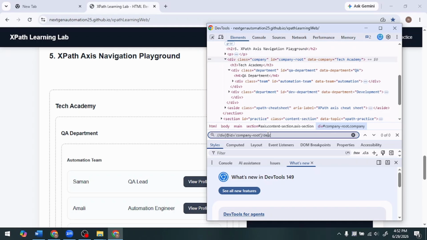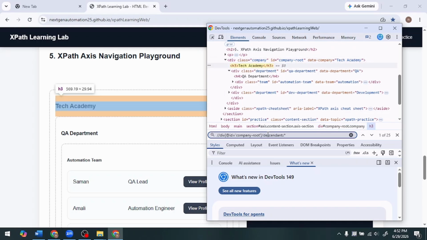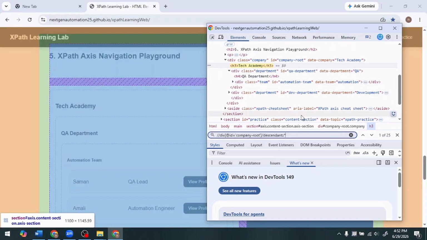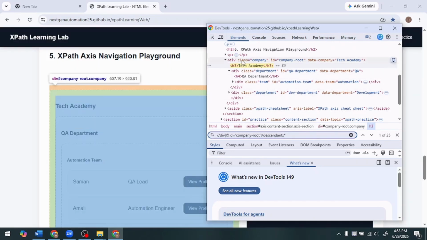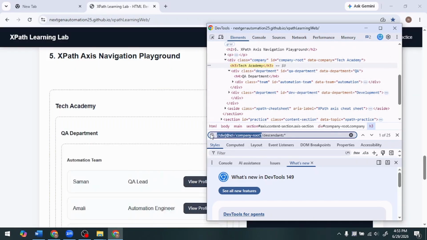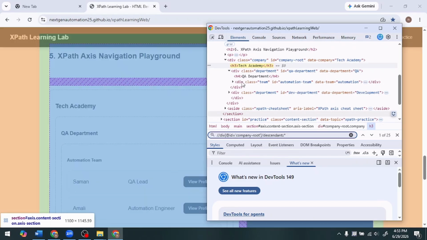descendant star. That descendant star gives all the elements which are after that specific node, but which belong to the hierarchy.